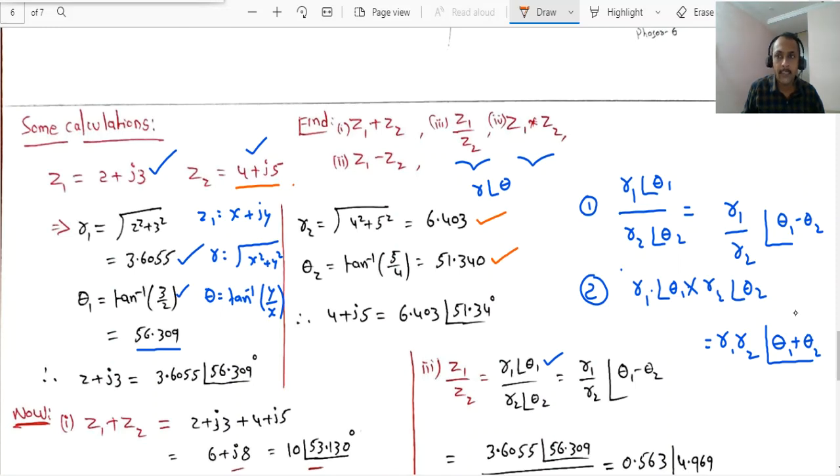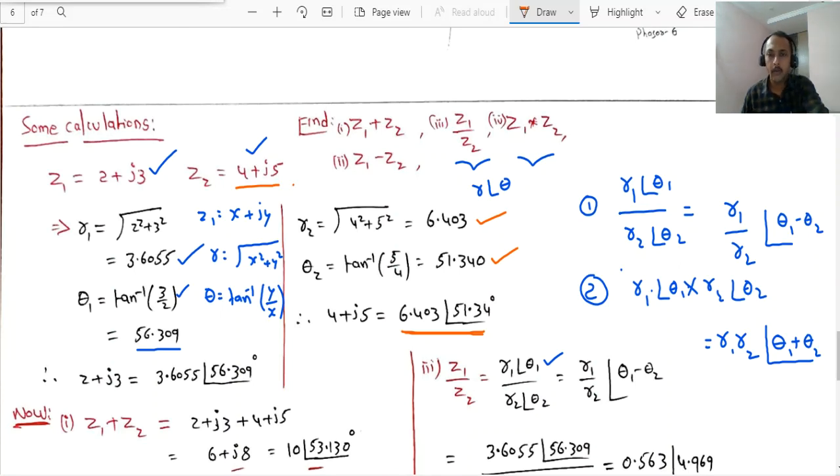So 4 plus j5 is the same as 6.403 at an angle 51.34. Now what have we done? We have expressed Z1 and Z2 in terms of r at an angle theta format, polar form. Complex form is converted to polar form, right?